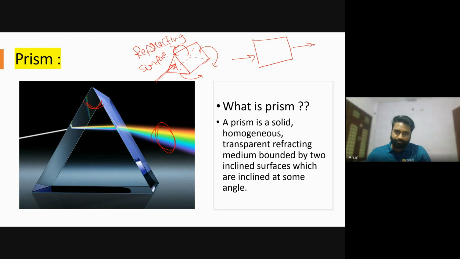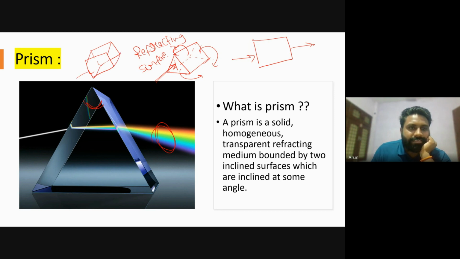Got it? A very interesting thing that I'm going to tell you. Like this is a glass slab. If light enters in this way, it goes this way. But if light enters in this direction, it will go in about this direction.